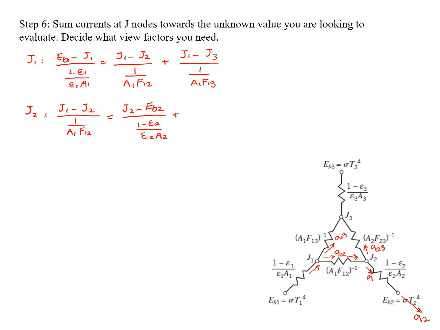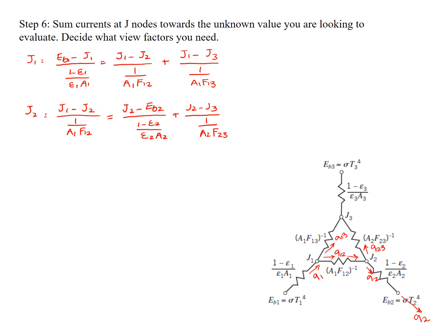This is the Q2. So Q23 would be J2 minus J3 divided by the resistance between these, which is 1 over A2 F23.